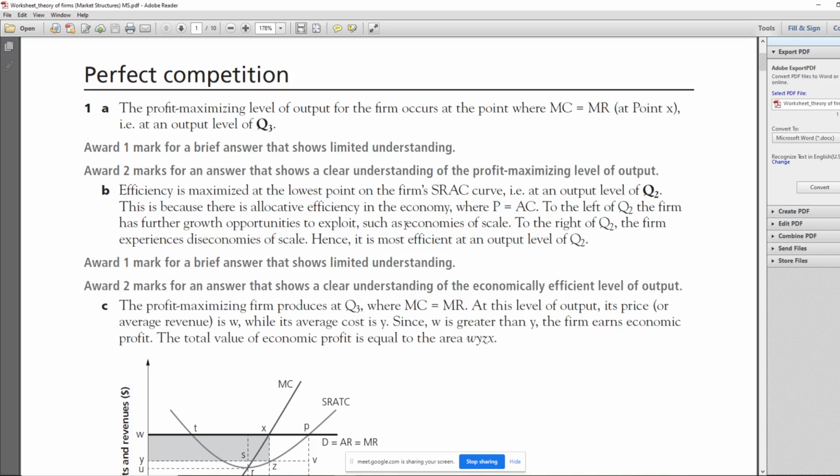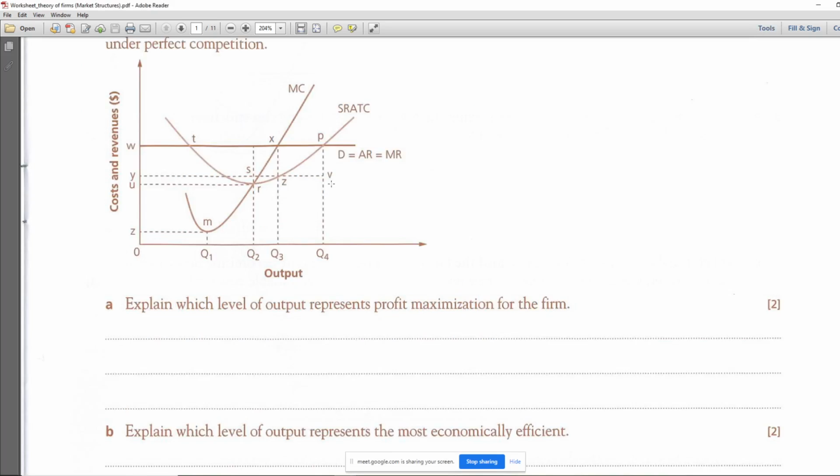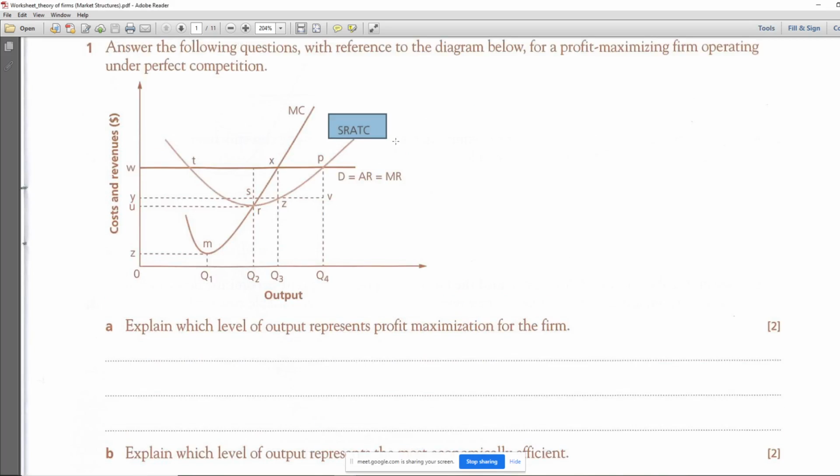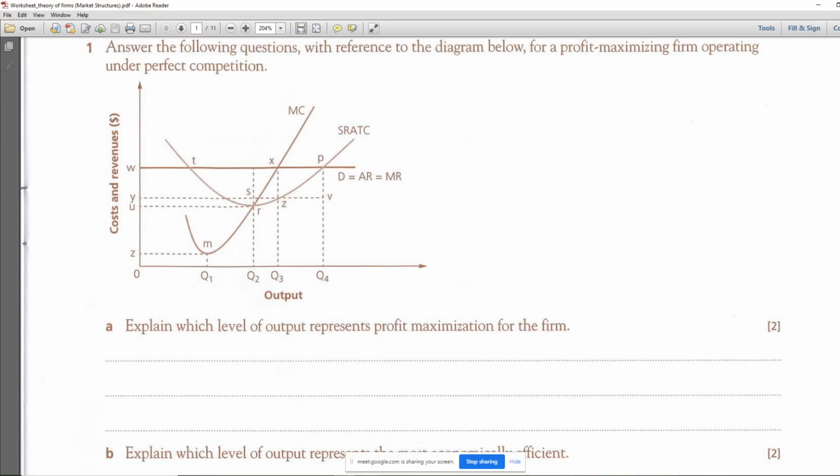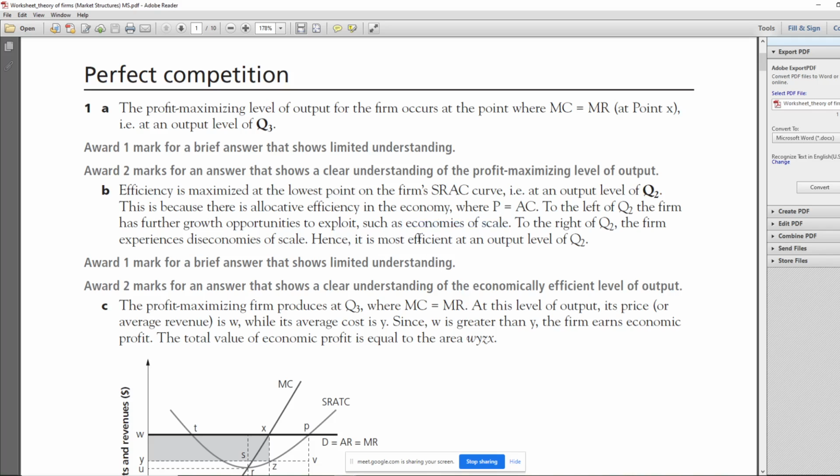You see here it even talks about economies of scale. So when can we see economies of scale? Yeah, in the long run, right. And when you look at the question, it is talking about the short run. So obviously, the answer there is incorrect.